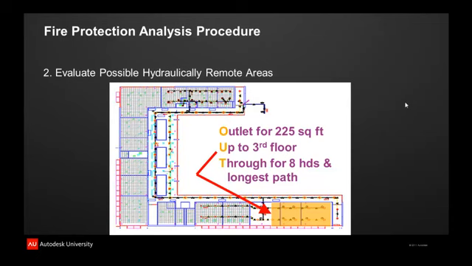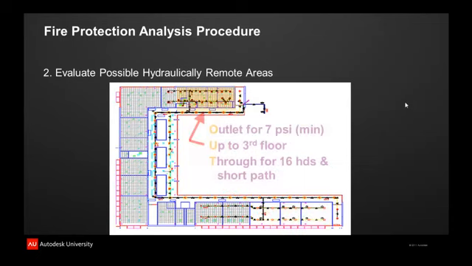By comparison, if we took into account another potential area in the upper middle of the building, that has an outlet pressure less than the one we just talked about, because all of the heads are spaced at something less than 150 square feet, and so that outlet pressure would be the minimum of 7 pounds.